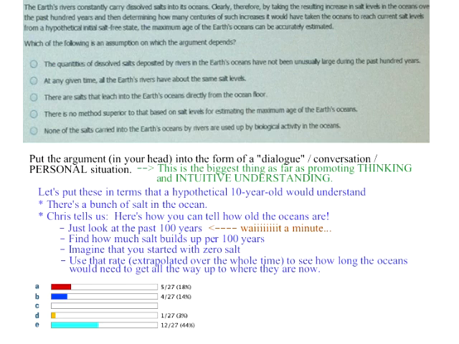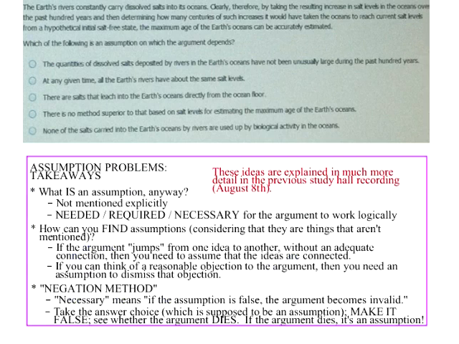So, okay, back to the previous screen where we had all these things about assumptions. So, what is an assumption? Well, it's something we need. But how do you find assumptions here? Like, let's consider for a moment this. You can think of a reasonable objection to the argument.